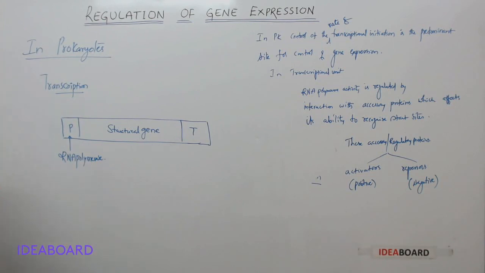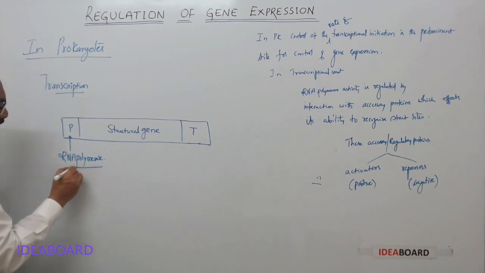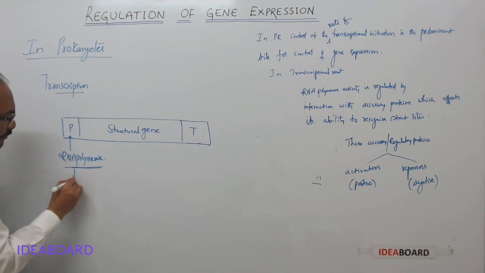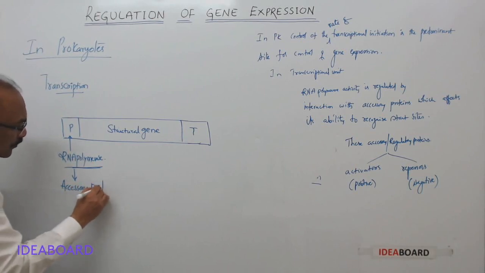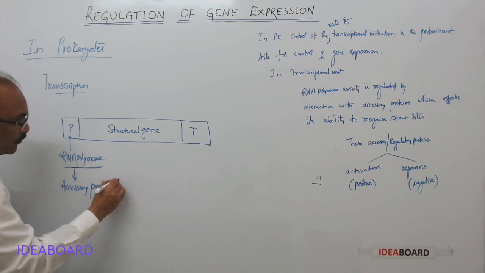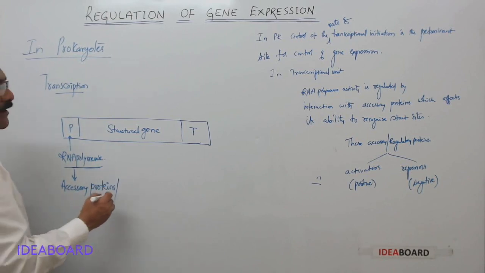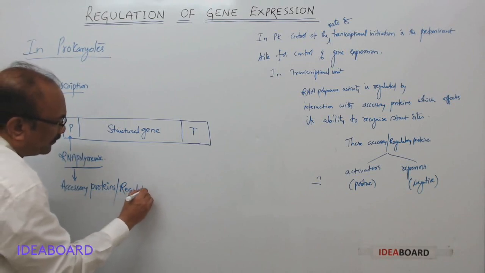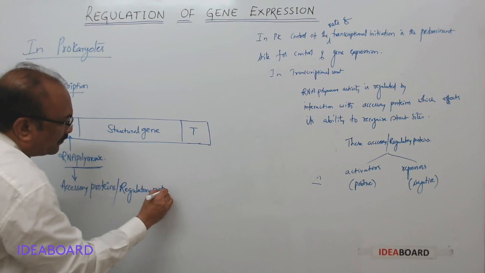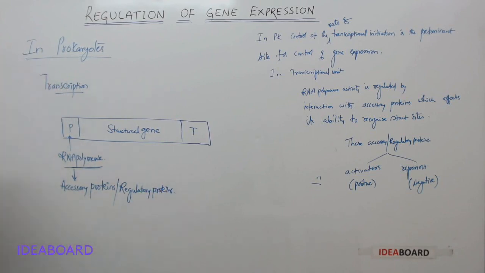Okay, this RNA polymerase activity is regulated by interaction with accessory proteins. So the RNA polymerase activity is regulated by the interaction of accessory proteins, which are also called regulatory proteins.